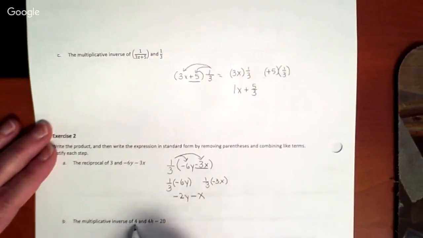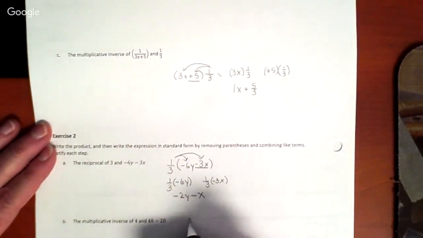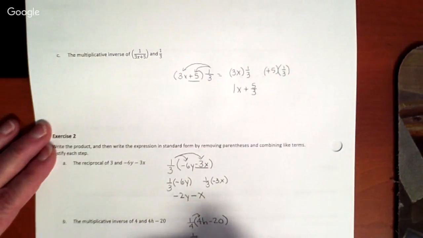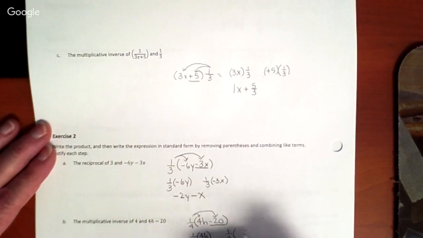Next, the multiplicative inverse of 4, which is 1/4, and 4h minus 20. So 1/4 times 4h times, remember, negative 20.